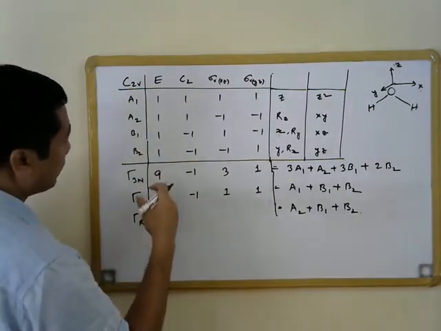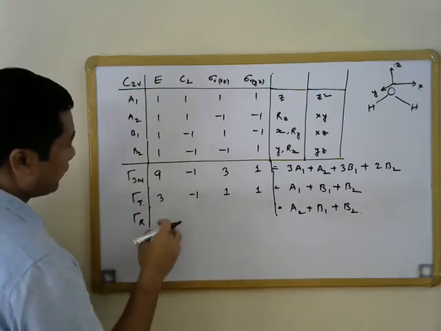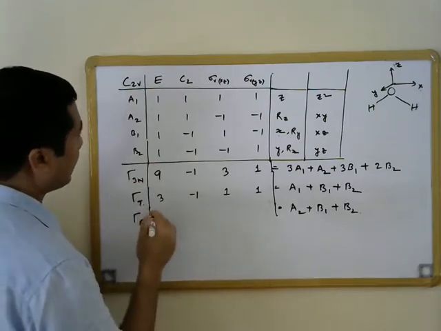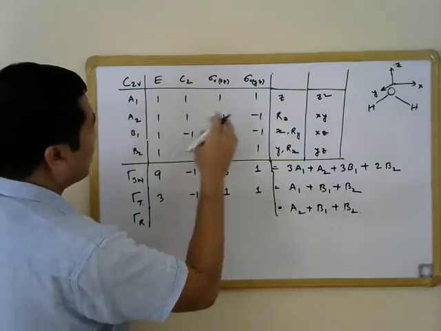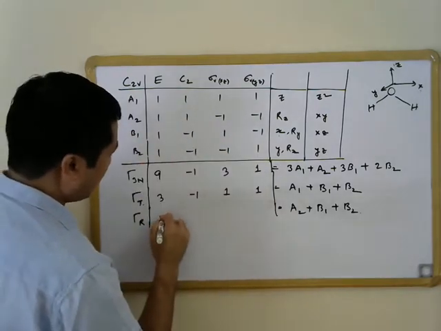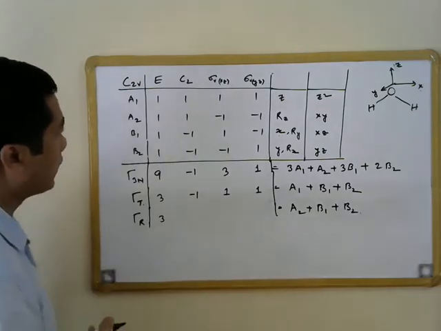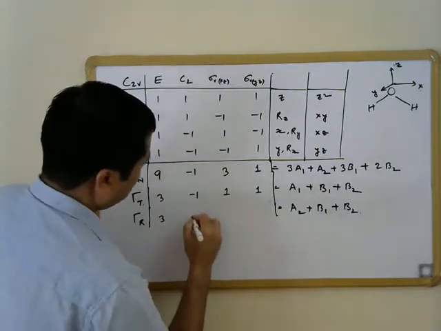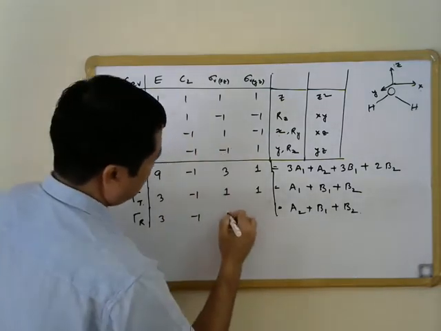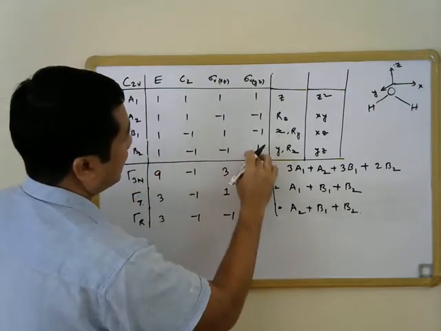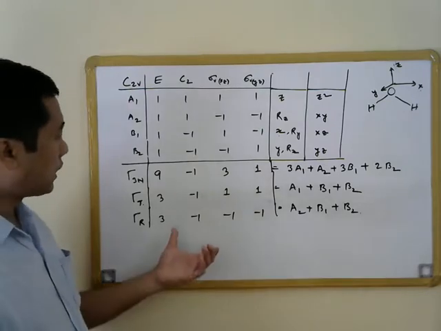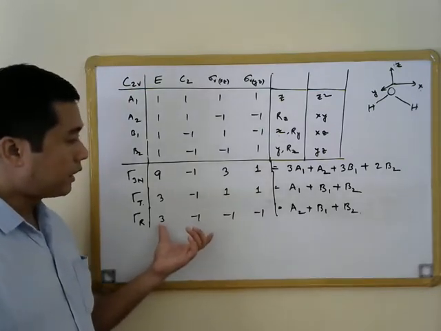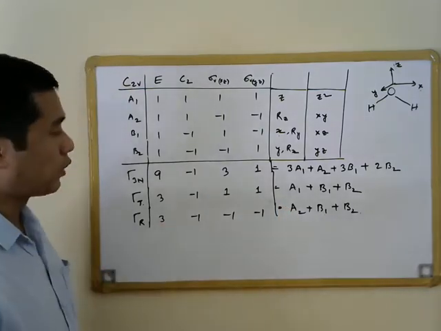And again, the way we did it for gamma t, we can find out the characters of gamma r as well. So we need to add the characters of these three irreducible representations to get the character of gamma r here. So that is going to be equal to -1 here, -1 here, and -1 out here. So these are the characters of gamma r, and these are the irreducible components of gamma r.